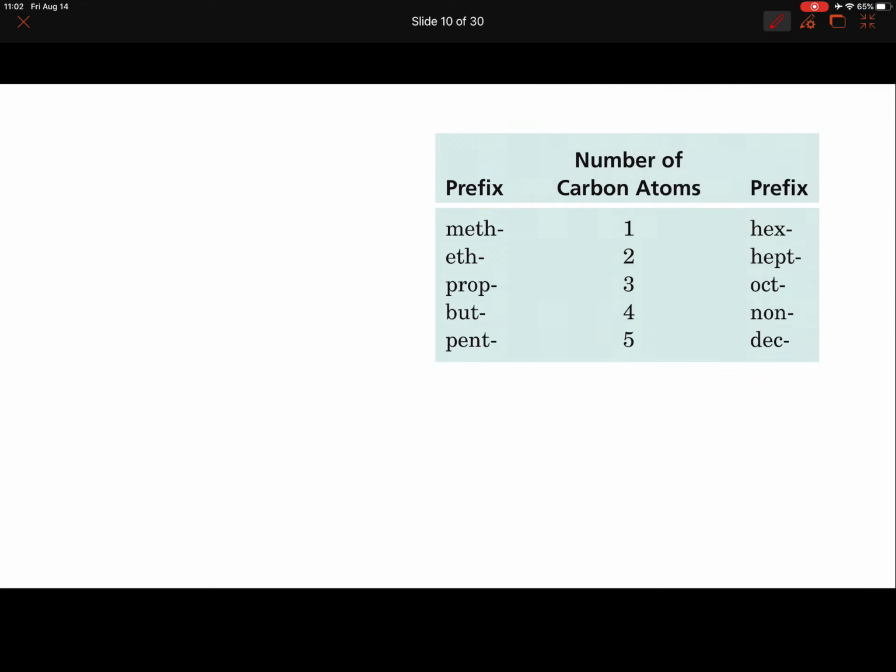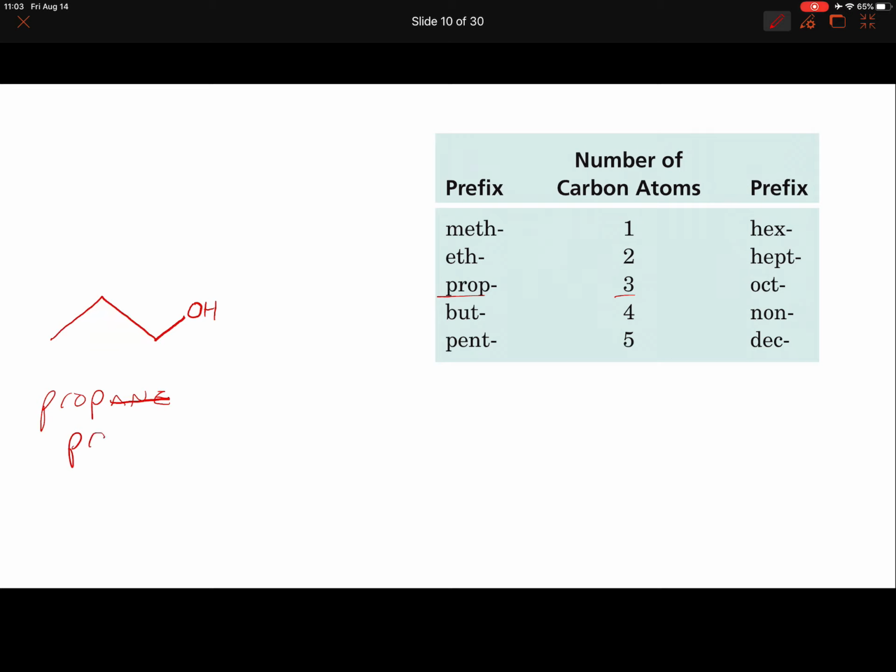So that's one example. Let's try another one. 1, 2, 3. So we look up 3. It says it's prop. So this is prop, and again, it's an alkane, so we'll name it ANE. Just to give you guys an idea of how this works, if I wanted to stick an alcohol group onto this 3-carbon molecule, it would still be prop.